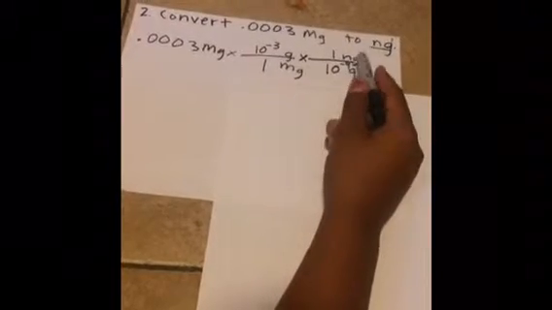Then since you have to cross cancel again, you put grams and grams, so you can cross cancel. And you want to get to nanograms, so it would be nanograms. So you put 1, and then you put 10 to -9 because nano is -9. You can memorize nano because it has 2 n's and it's a -9. So grams would cancel out with grams, and you're left with nanograms.